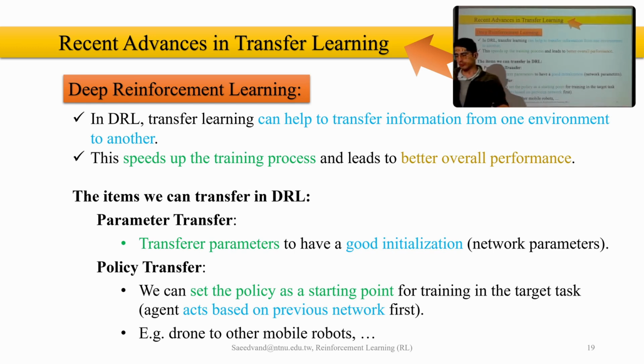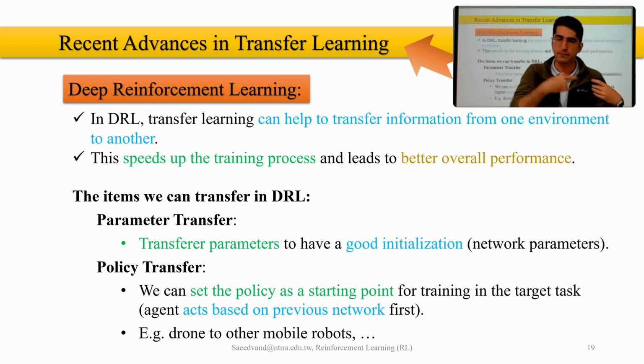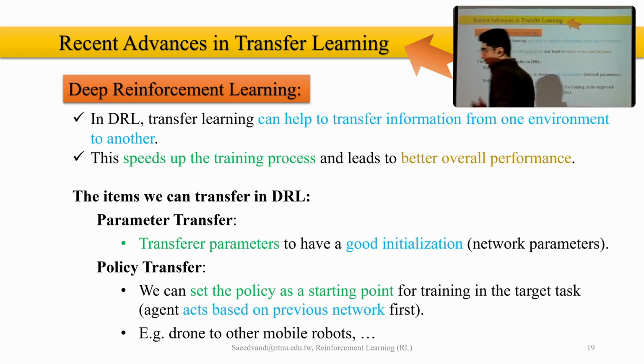But of course, if the robots are similar, for example an industrial arm type A that needs to do something and you have some policy there, whatever the task is, and you move the policy to another robot with other tasks, still that policy can be helpful to boost training and facilitate finding better answers at the end. So can we use the two together? Of course, you can use parameter transfer and policy transfer together.